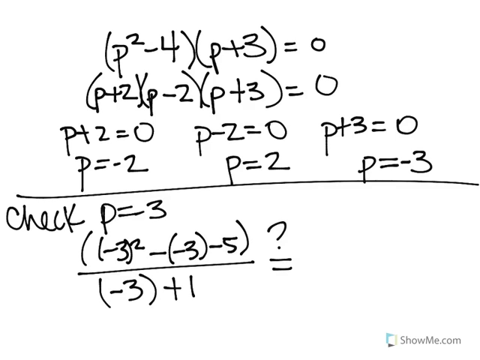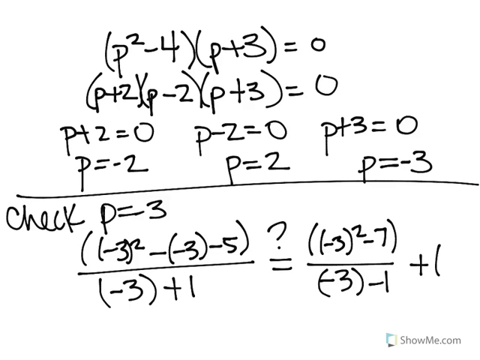And we don't know if that's quite equal to negative 3 squared minus 7 over negative 3 minus 1 plus negative 3. Plug each of those into your calculator. If you get the same thing on both sides, then it's an answer. So in this case, yes, p equals negative 3 is an answer.